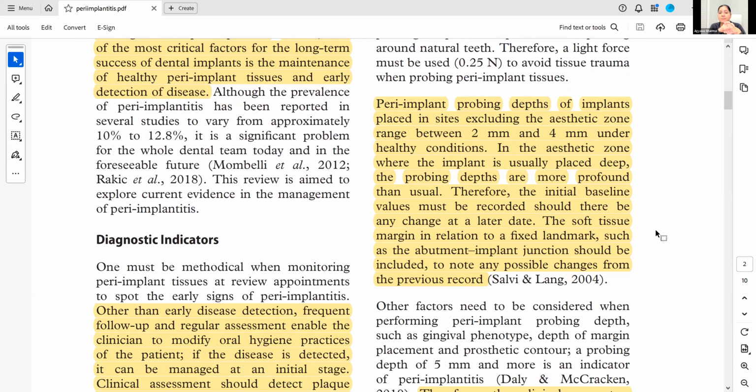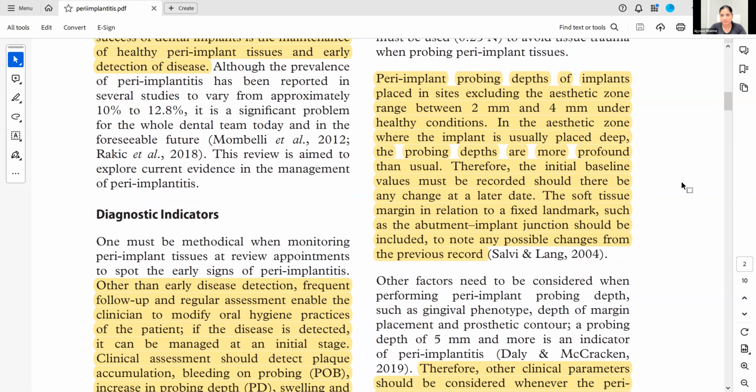So peri-implant probing depths of implants placed in sites which exclude the aesthetic zone, which is in molars or premolars, should range between 2 mm to 4 mm under healthy conditions. In the aesthetic zone, where the implant is usually placed deep, the probing depths are more profound than usual, so they can be greater.